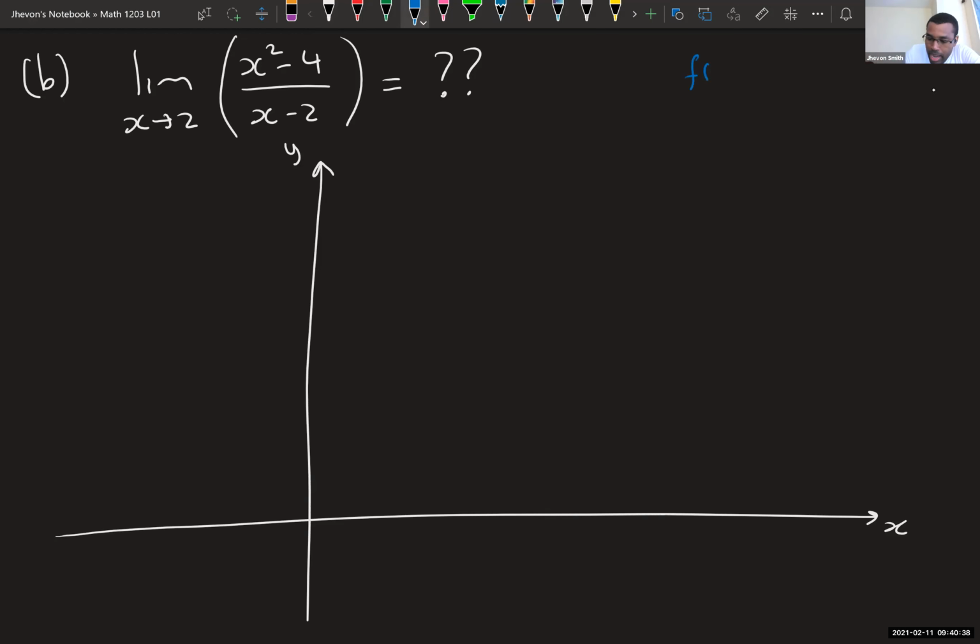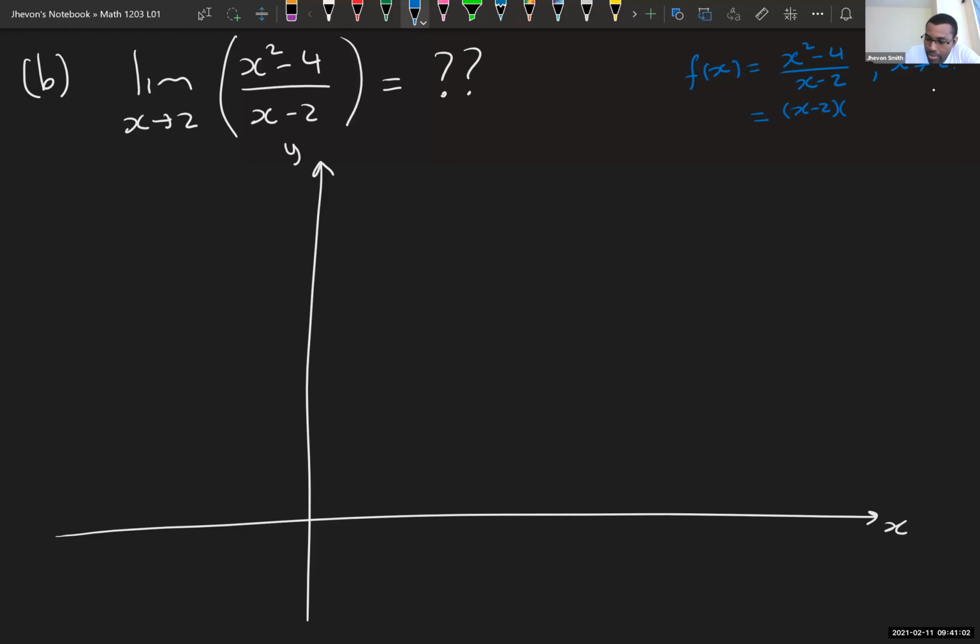So here I have my f of x is x squared minus 4 over x minus 2. And obviously my x cannot be 2, right? Could you express that in a more convenient way, maybe? Something that you think would have the same answer? You would factor it, and then you could cancel out the x minus 2.